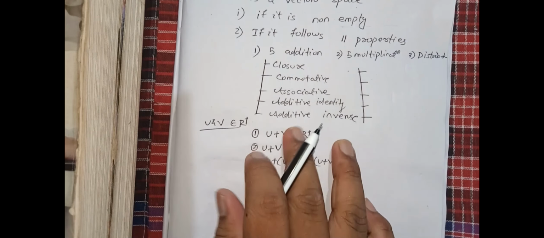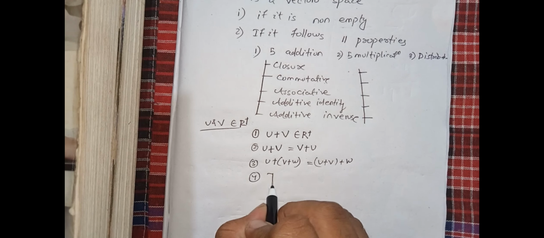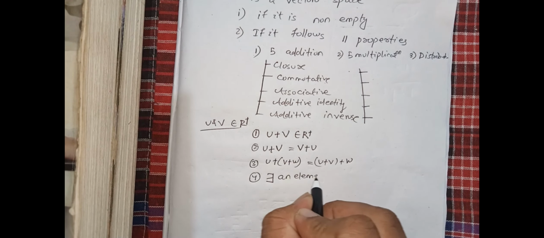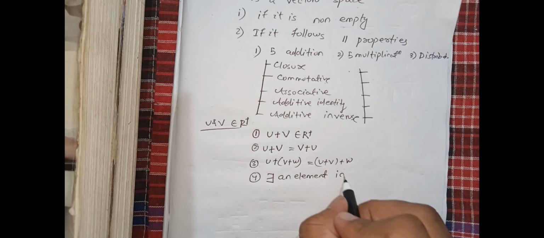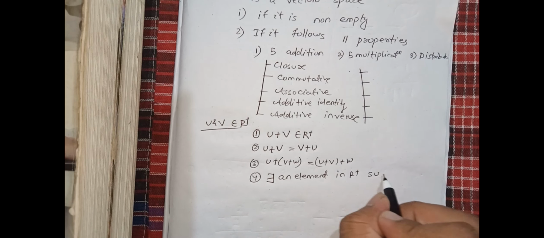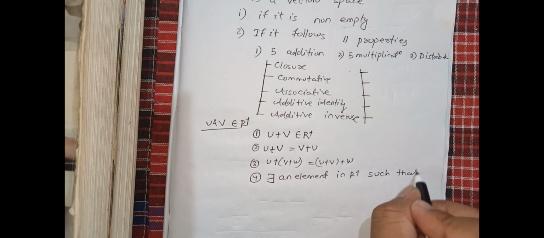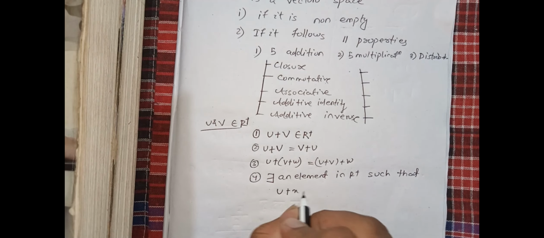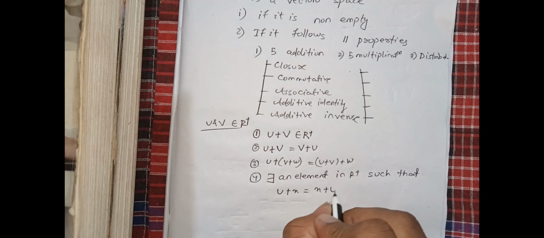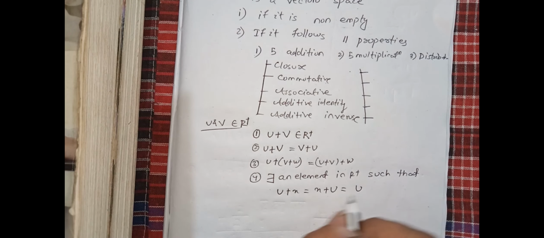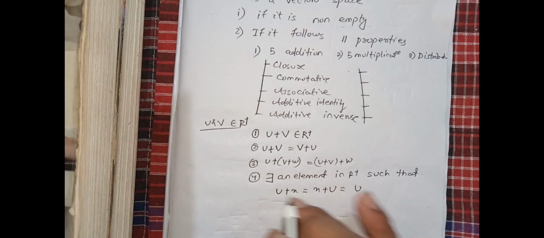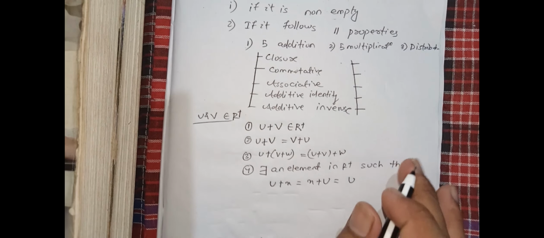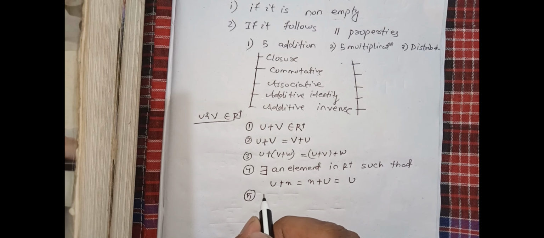Then number 4, there exists an element in R plus such that, let the element be X, U plus X is equal to X plus U is equal to U. Means if you add that number with the vector, you will get the same result. And this is for what? The additive identity.